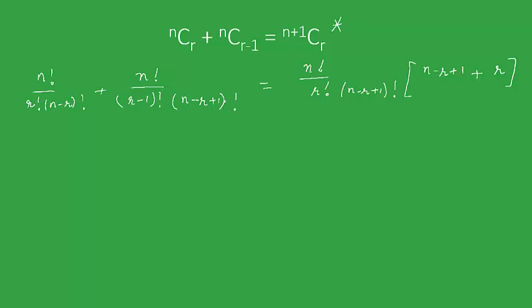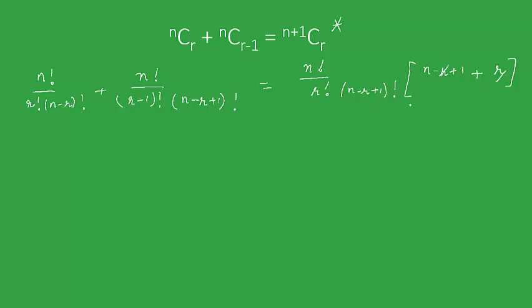If it's getting tedious, simply see that the first term is obtained if we multiply n minus r plus 1 to the numerator and denominator, and we multiply r to the numerator and denominator of the second term.